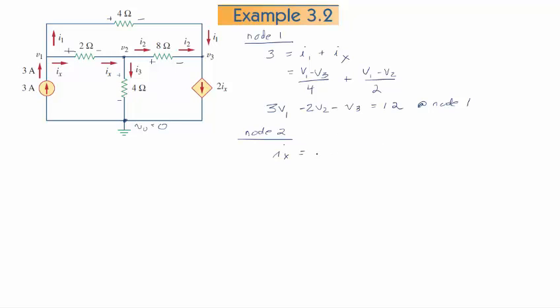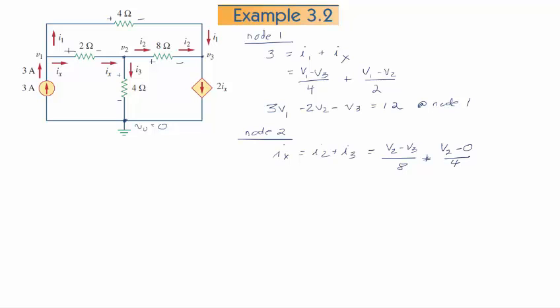So IX equals I2 plus I3. So I2 is V2 minus V3 over 8 ohms. And I3 is V2 minus V0, which is 0 volts, right, over 4 ohms.